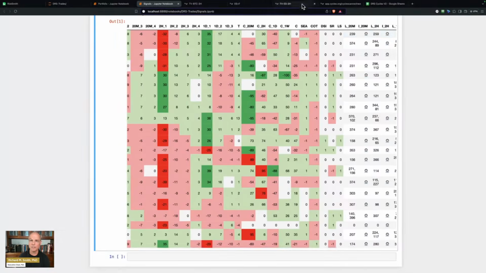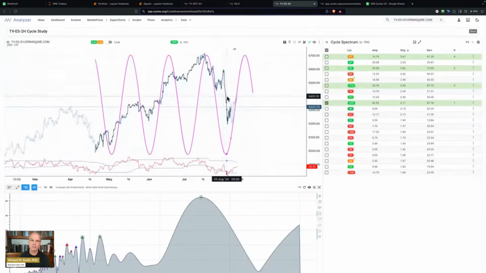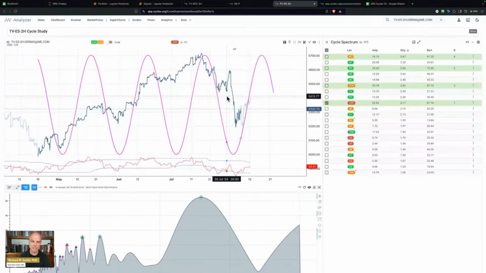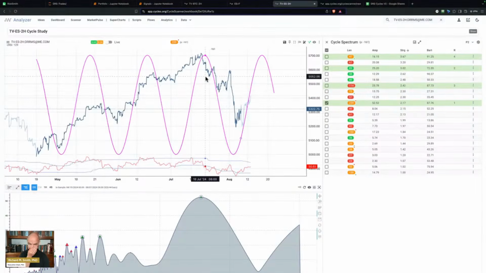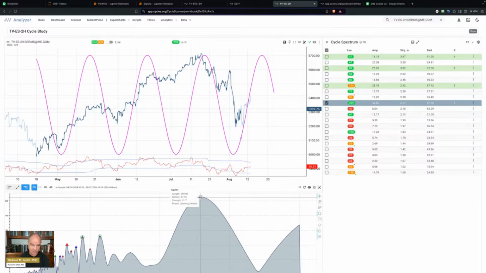And we can go look at, for example, this 2-hour cycle in the S&P 500, the E-mini S&P. We can see that cycle bottomed back here on the 5th and has been pointing up. This is the 259 period cycle, the one that sticks out on the spectrum the best, the one that's #1 ranked by the AI for the 2-hour data.